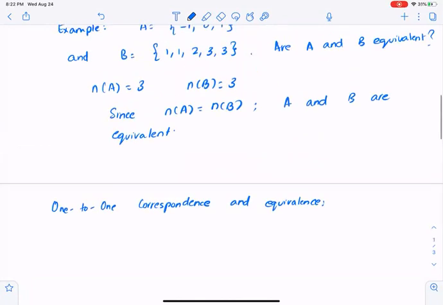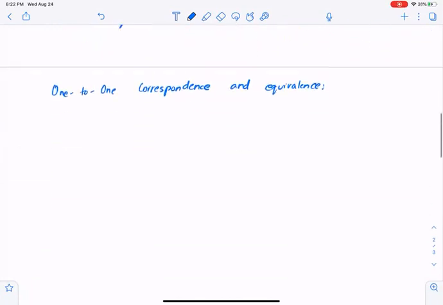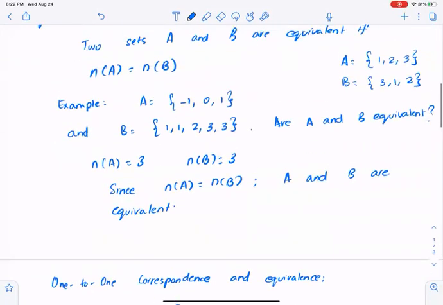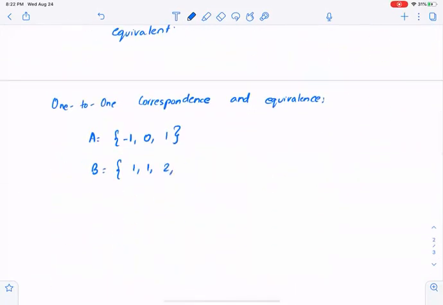So for example, in the previous case, I had A to be -1, 0, and 1, B as 1, 1, 2, and 3, 3. It doesn't matter how you map them, but I have 3 unique elements.